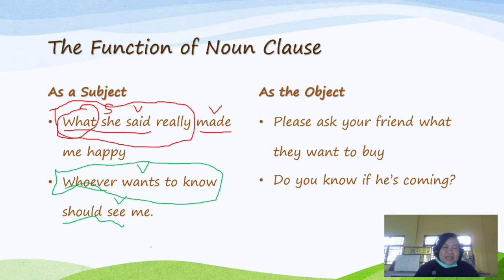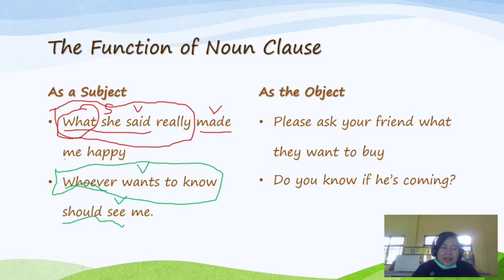So you see once again that the subject of see here is whoever wants to know, which has a function as a noun clause. I hope that everyone understands the meaning of each conjunction that we use in our noun clause. Can we continue to the next one?